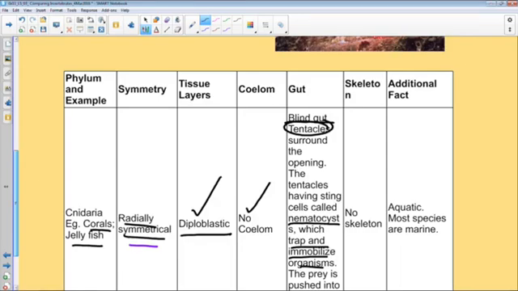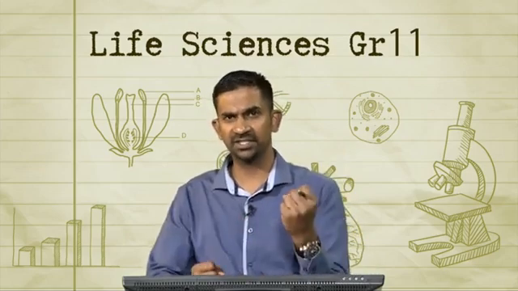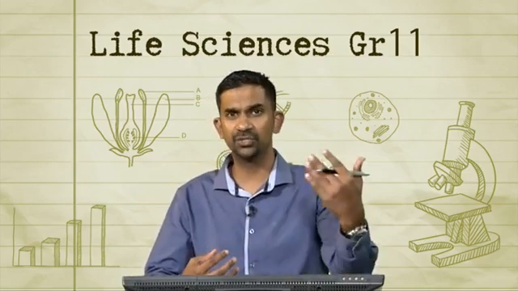And now we're seeing a more advanced form of nutrition where this organism is able to release a nematocyst, sting its prey, and then ingest it and draw them in with the tentacles. So quite an advanced mode of nutrition compared to Porifera, which was much more sessile. It waited for food to come to it.